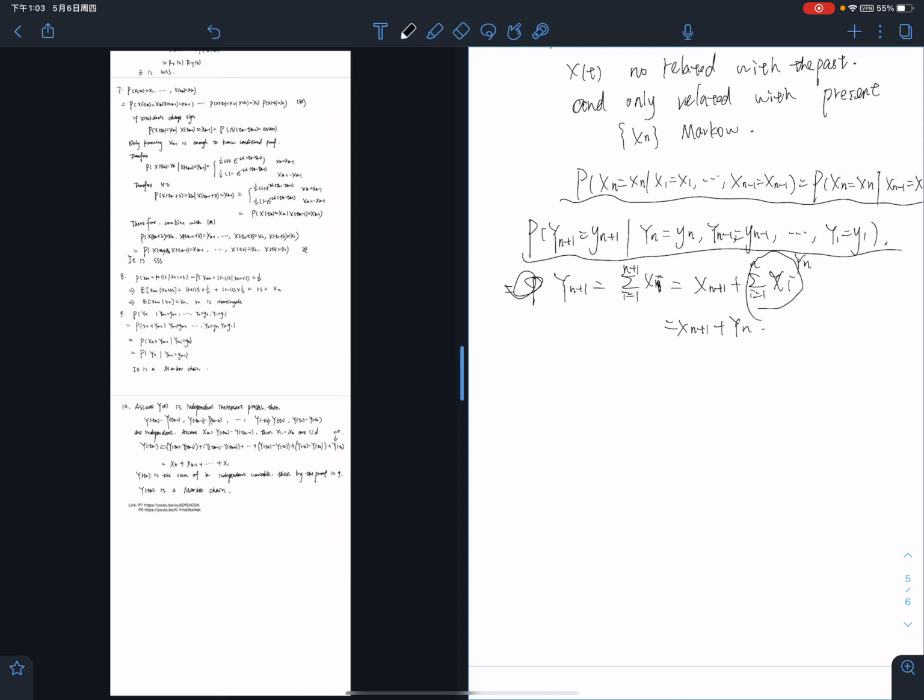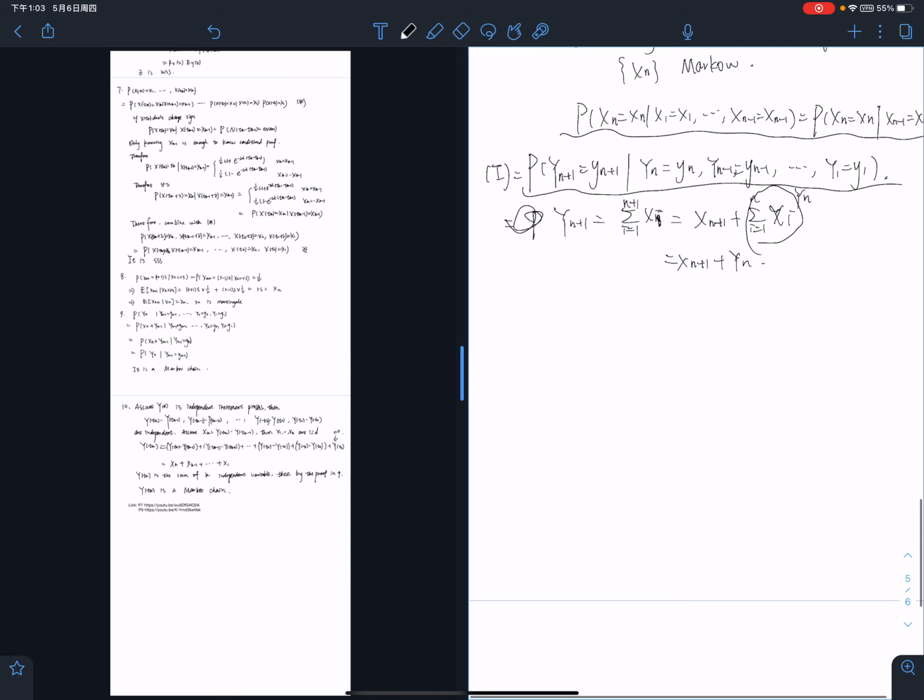So therefore the conditional probability can be written as P(Xn+1 + Yn = yn+1 | Yn = yn, Yn-1 = yn-1, ..., Y1 = y1).